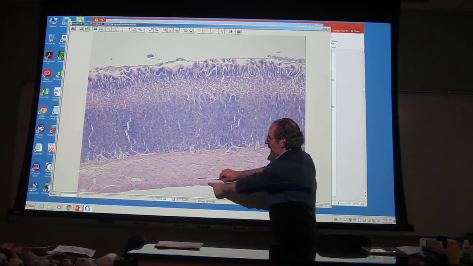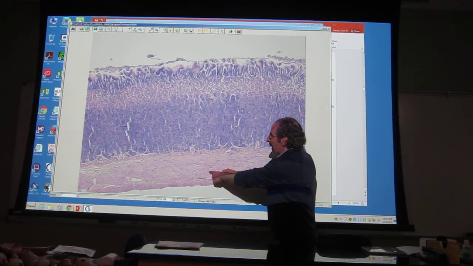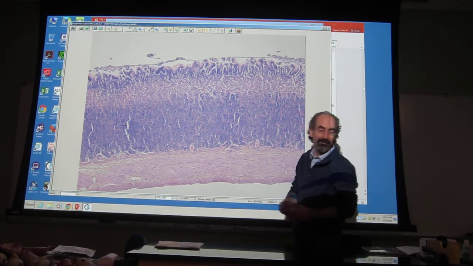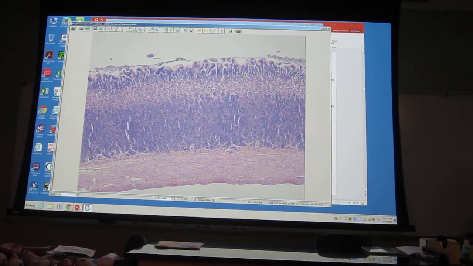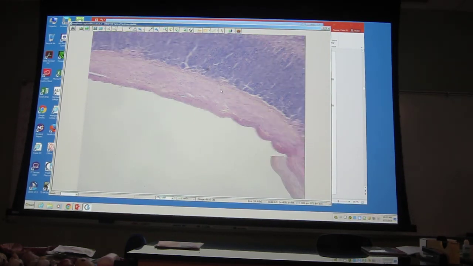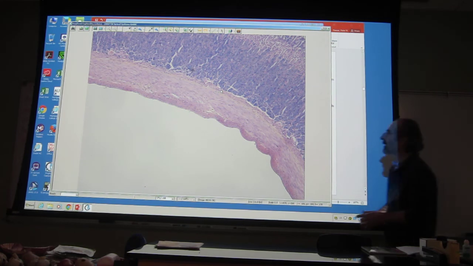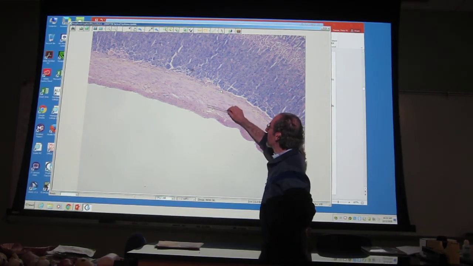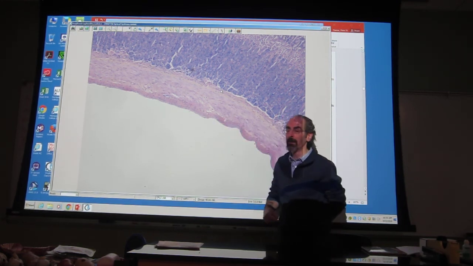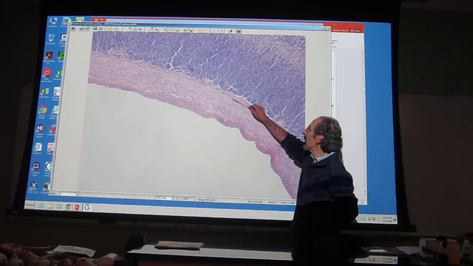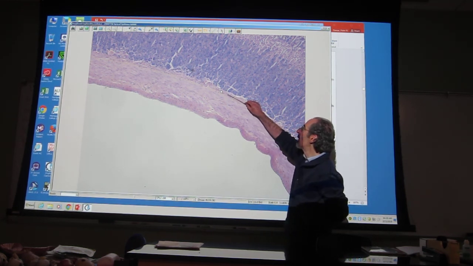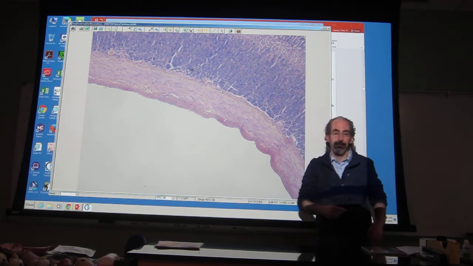Maybe this is an oblique layer, but it's harder to appreciate. Maybe if you use your imagination, you could call this the oblique layer, the middle circular layer, and then the outer longitudinal layer, if you want to be consistent with the text. Submucosa is this layer, very, very thin, and where the pointer is here is on the muscularis mucosa of the mucosal layer, and all of this is gastric gland.